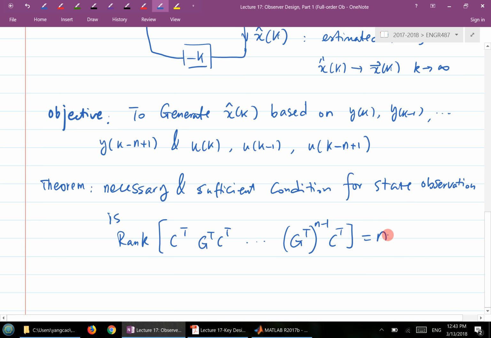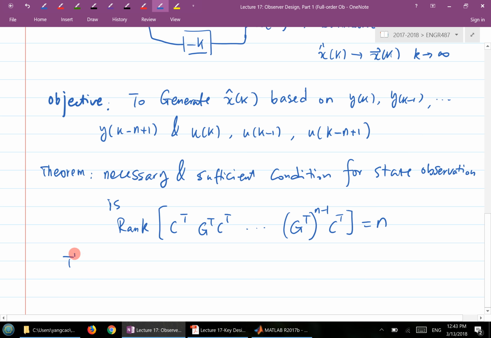If you satisfy this condition, then the system is completely observable. So if you want to design an observer, the first step is to check the observability matrix rank. If it's full rank, then you go ahead and design. If it's not full rank, then you don't bother designing.